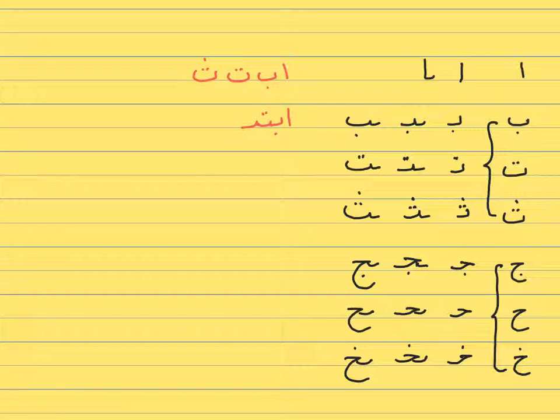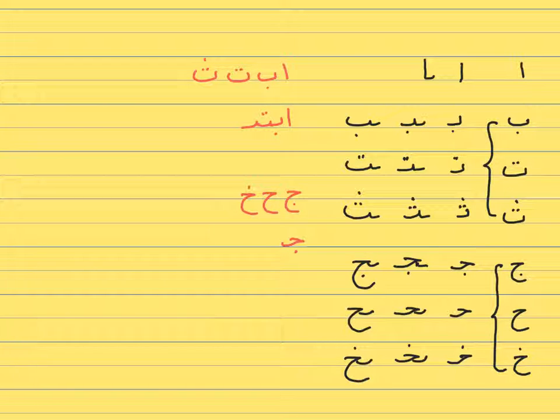We take another example. Let's say now you want to join the next set of letters. Let us connect jim, ha and kha and see how it will look. Okay, so from the rules, jim can be connected to the next letter. So you are ready now to join it to the next letter.